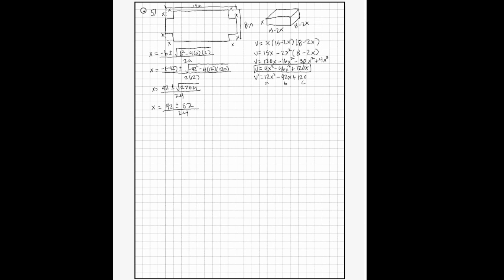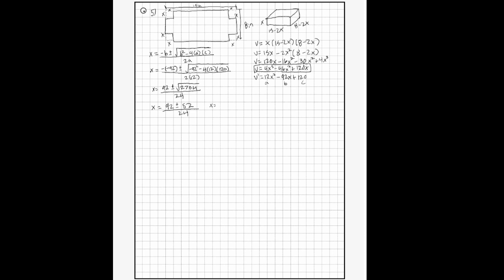Okay. And so what I do first is I solve for x. The first time I solve for x, I add 92 plus 52, and the second time I subtract.